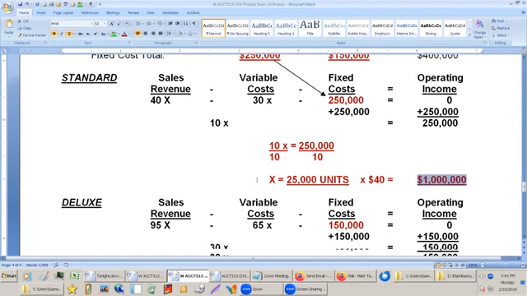All right, so this will be the break even in units and the break evens in dollars.